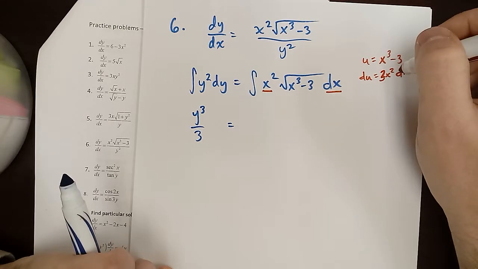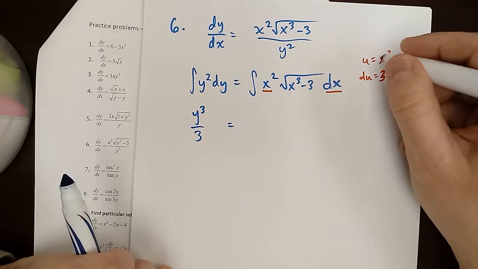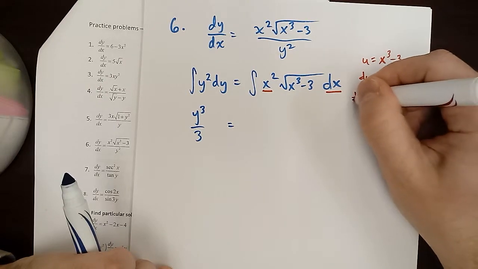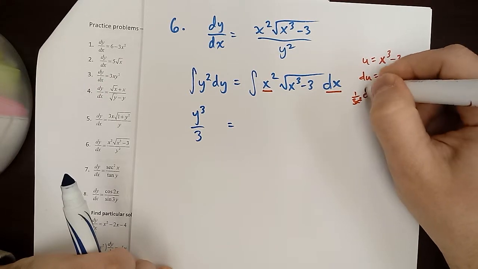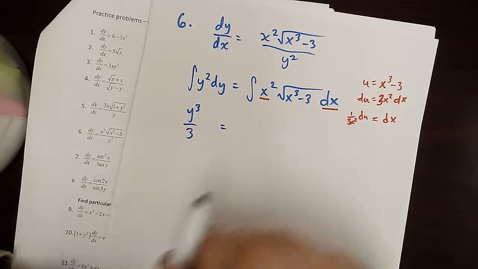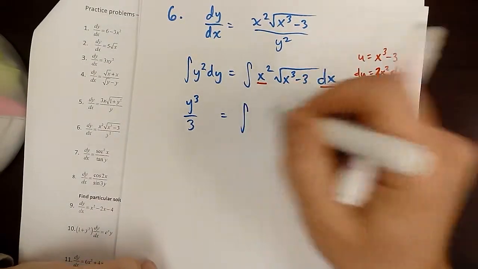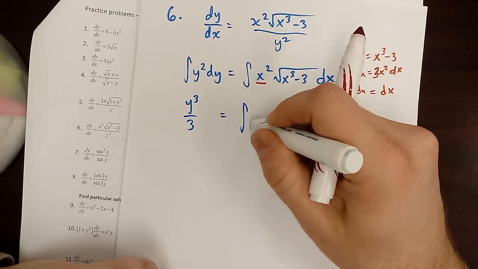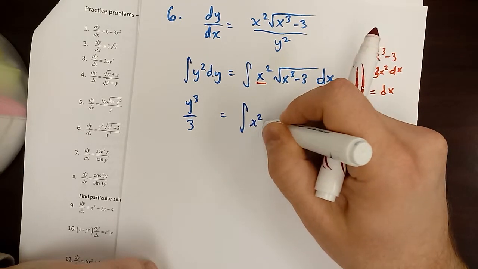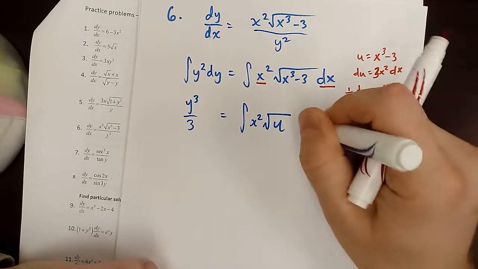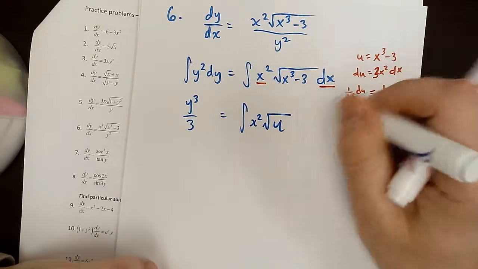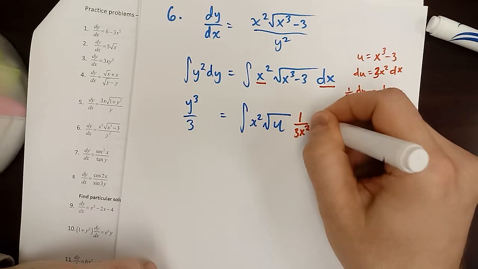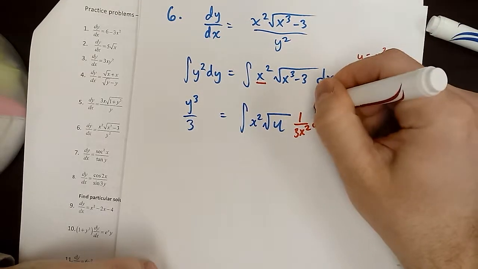So we're pretty close there because we have x squared and we have dx. I'll do the other method than I did in the previous problem. I've got dx over here, I've got a 1 over 3x squared du. So if we do that substitution, then we're having the integral of x squared, square root of u, and then instead of dx, I can write my 1 over 3x squared du, right?